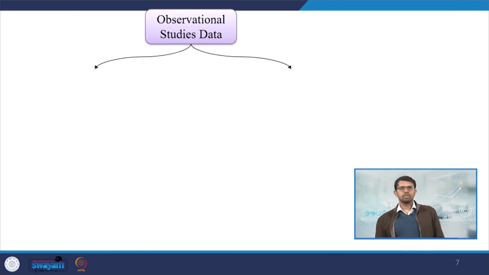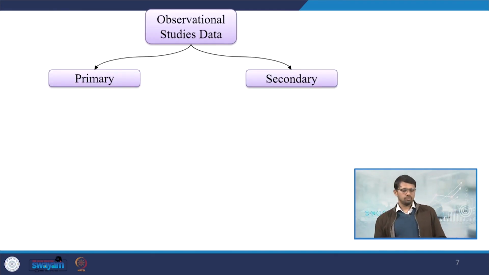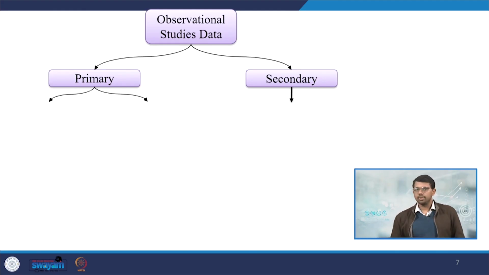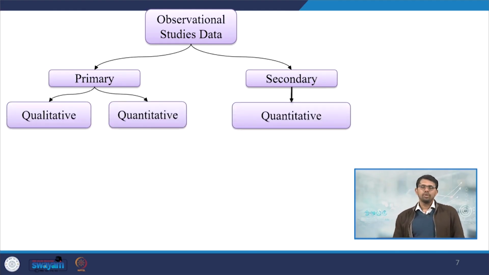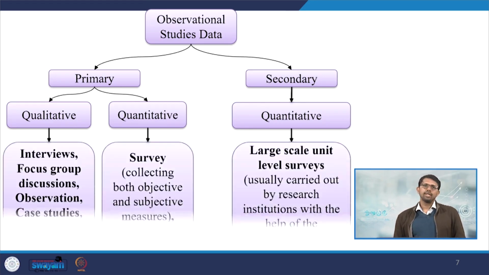Understanding the observational studies data, it is broadly of two types. One is at primary level, another is secondary. Primary again is of two types, one is qualitative and the other quantitative, and secondary is quantitative in nature.